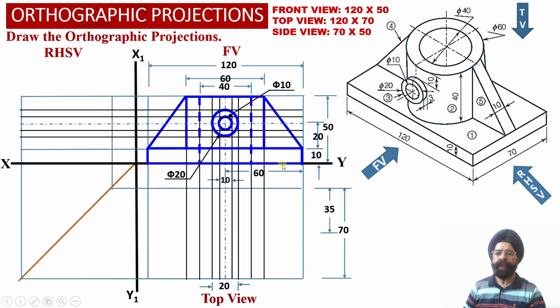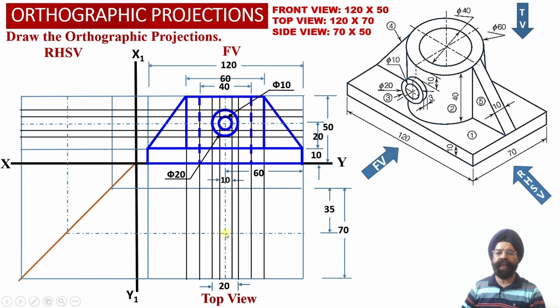From the rear surface we have taken a distance of 35 millimeter and obtained a horizontal center projection line in the top view projections, and we have transferred the center projector line into the right hand side view projections using this transfer line over here.